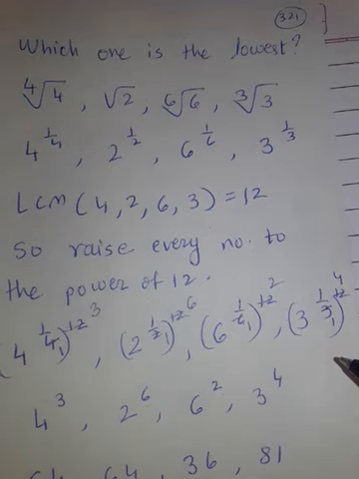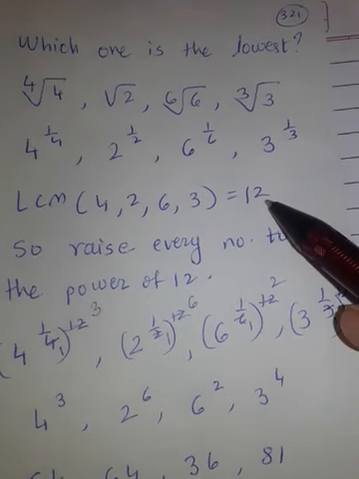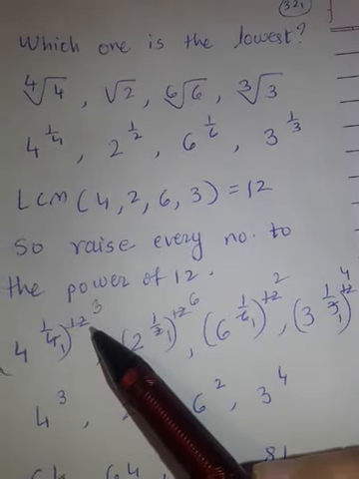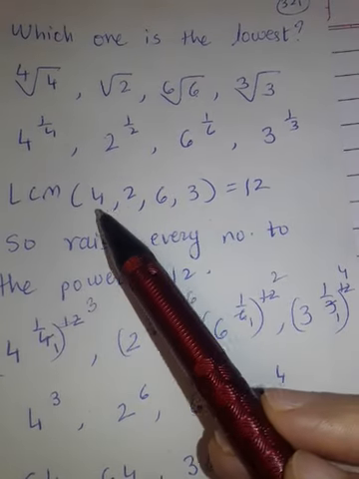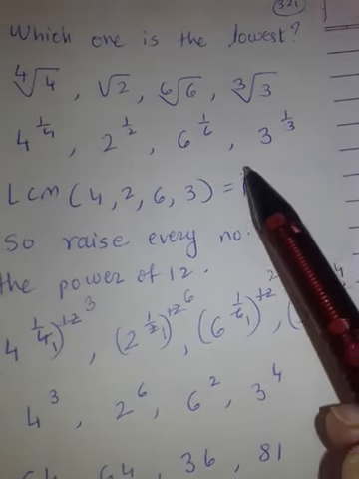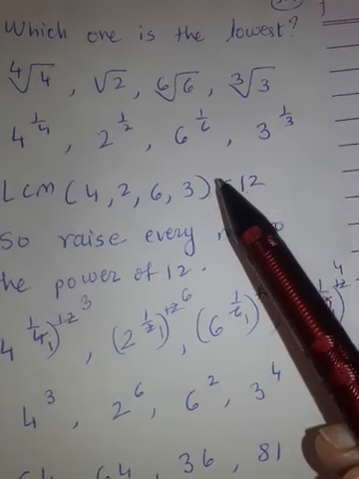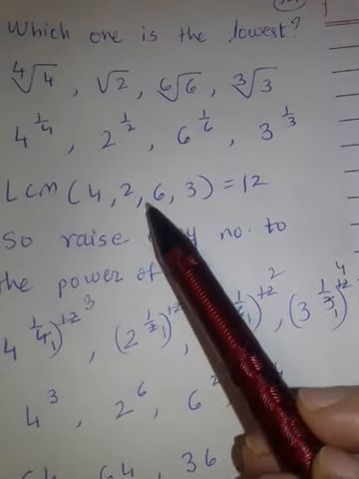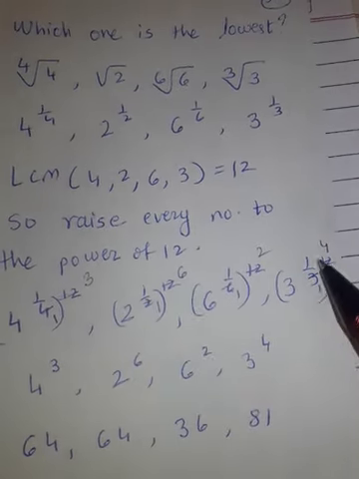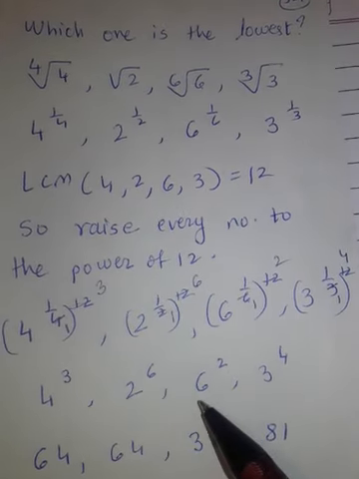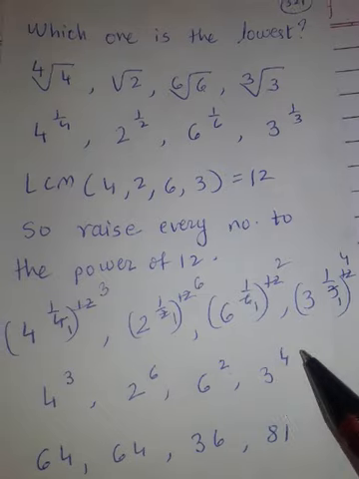Now did you realize why we took their LCM? This number 12 is divisible by every number: 4, 2, 6, 3. Hence we found their least common multiple, so that it gets divided by 4, 2, 6, 3. Look here. And now we are left with 4 cube, 2 raised to 6, 6 square, and 3 raised to 4.